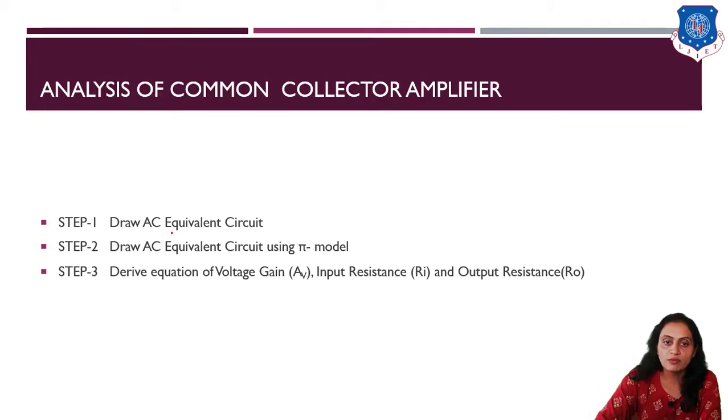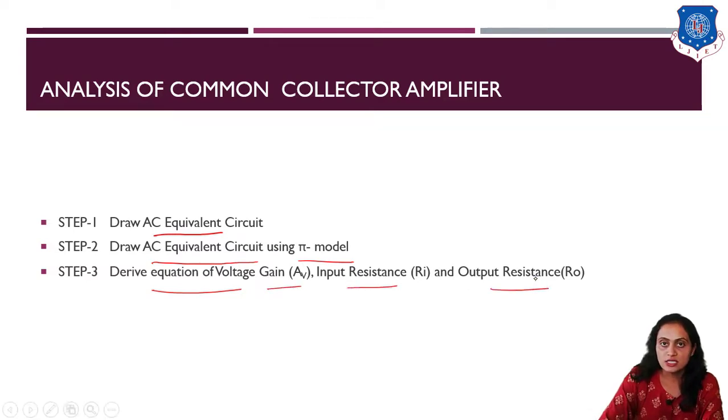First, we will draw the AC equivalent circuit for the common collector amplifier. Then we will draw the AC equivalent circuit using the pi model, replacing the BJT with the pi model. And then we will derive the characteristic parameters of an amplifier, that is voltage gain, input resistance and output resistance.